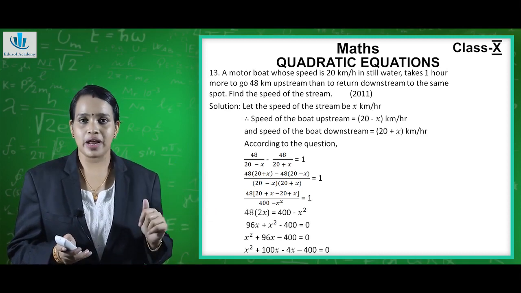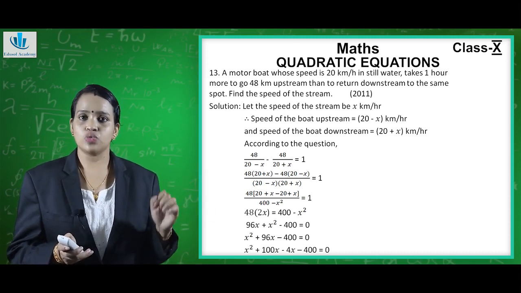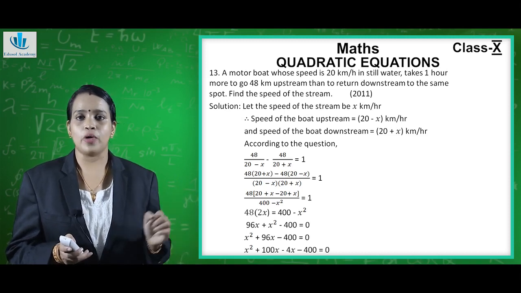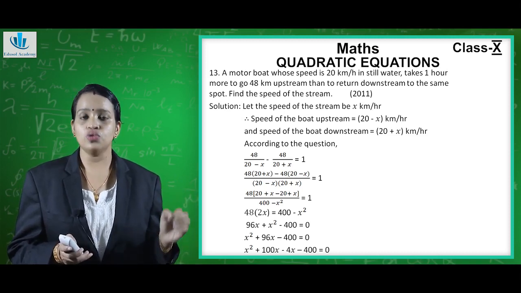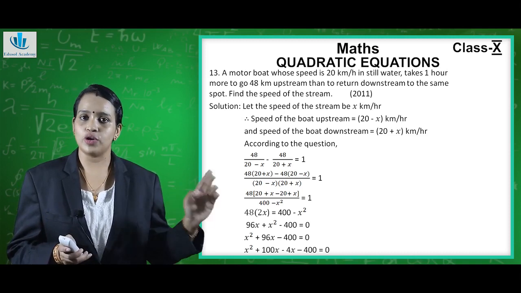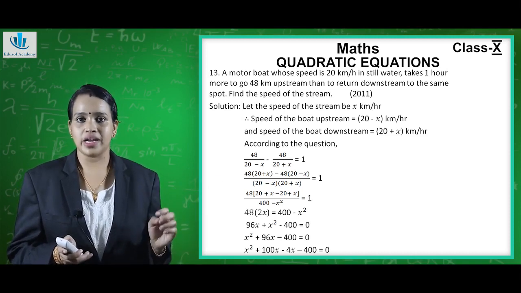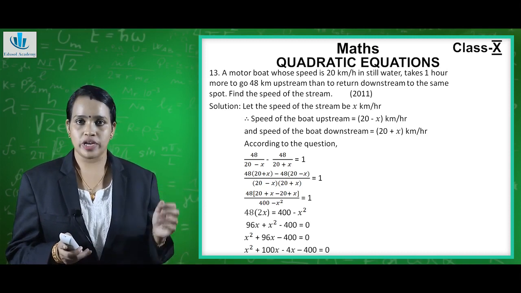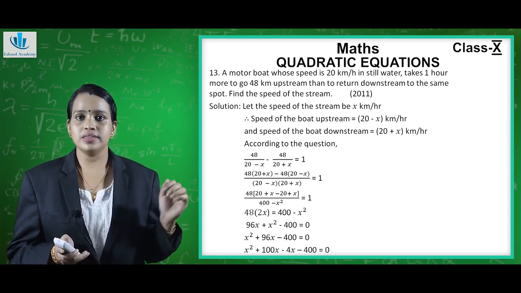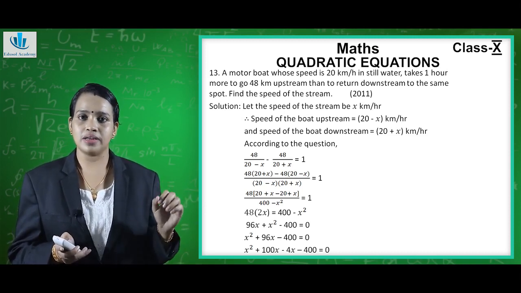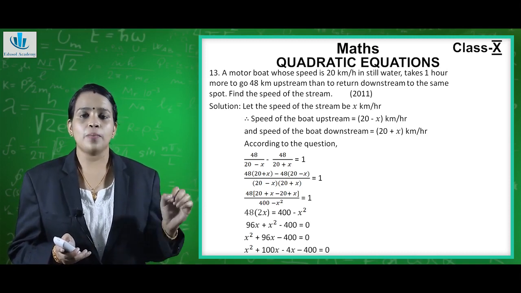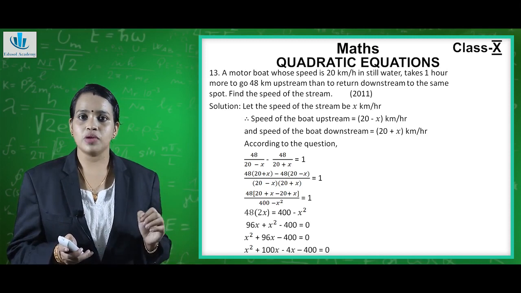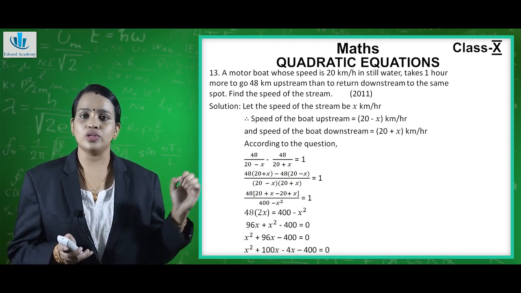Now we will cross multiply, so it becomes 48 into 20 plus x minus 48 into 20 minus x upon 20 minus x into 20 plus x, which is equal to 1. Now we can open the bracket here. We are taking 48 as common, so 20 plus x minus 20 minus x becomes plus 2x upon 20 into 20, 400, minus x into x, minus x raised to 2, equal to 1.